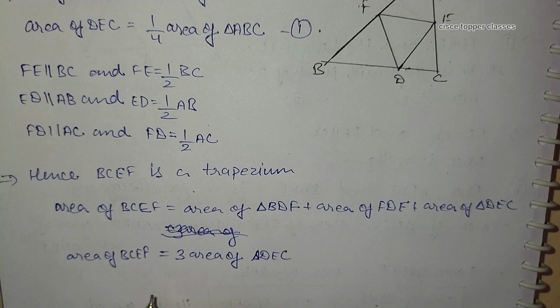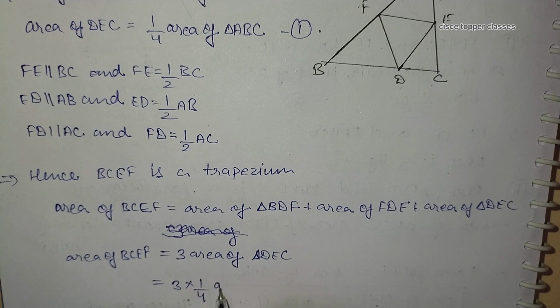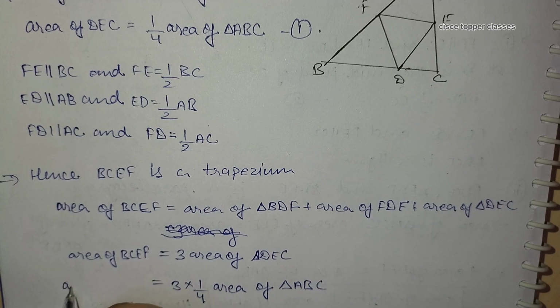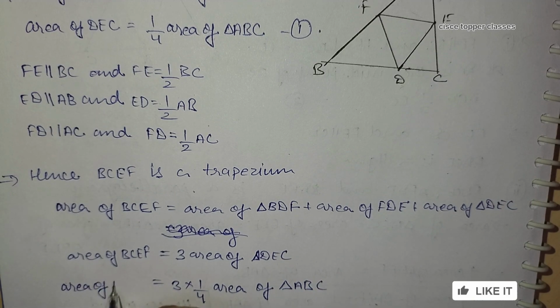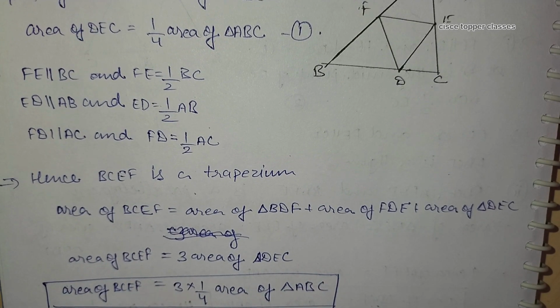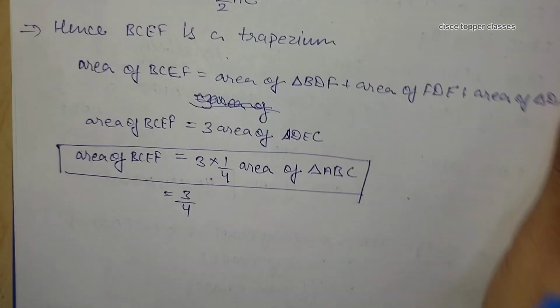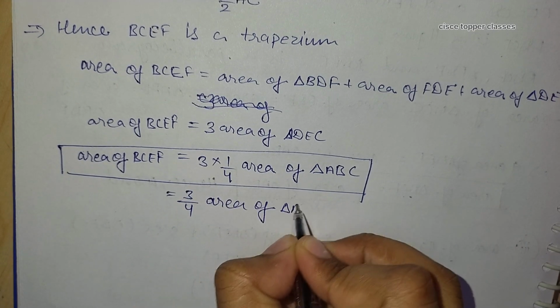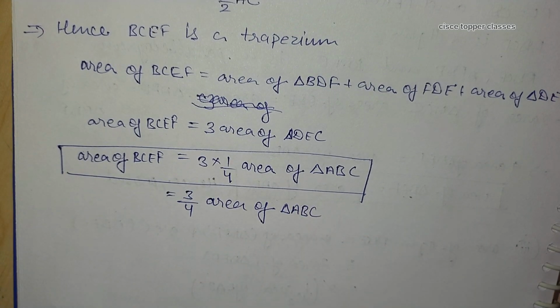So from here we can put the value of area of DEC. So it will be 3 into 1 by 4 area of triangle ABC. So this is equal to area of trapezium BCEF, equal to 3 by 4 area of triangle ABC. Hence proved from here, this is what we had to prove in this question.